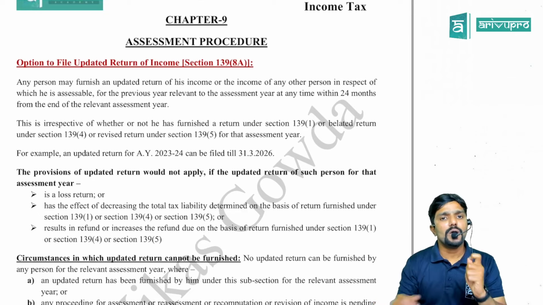Next, let me explain it by drawing a timeline. Guys, assessment year 23-24. What is the deadline to file a belated return or revised return? 31st December of the assessment year. This is the deadline to file a belated return or revised return, or the completion of assessment, whichever is earlier. So we will take this as the standard date.